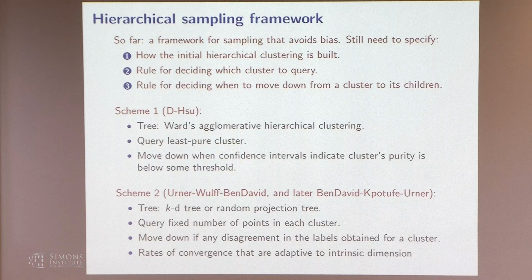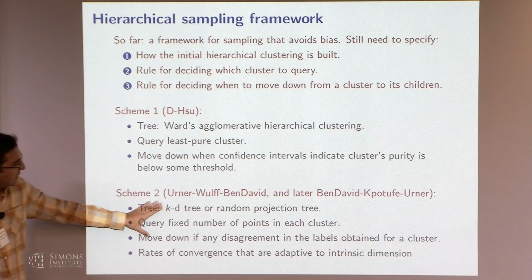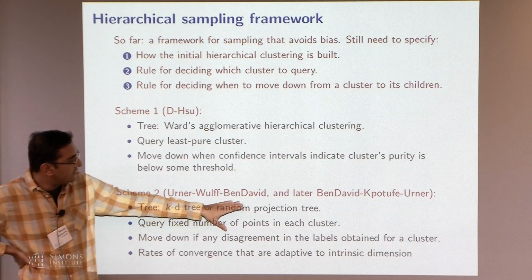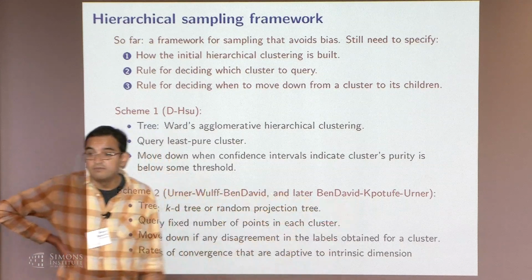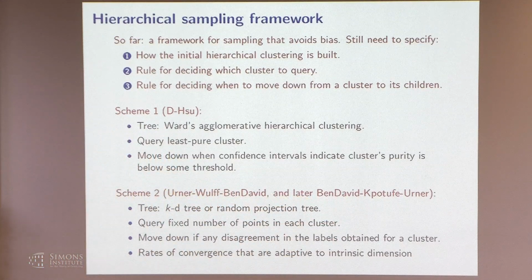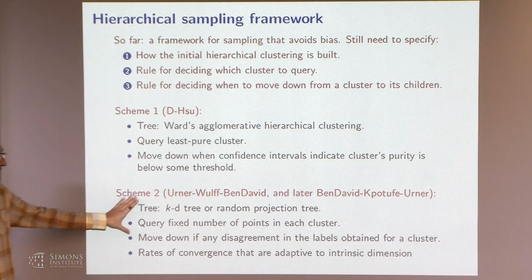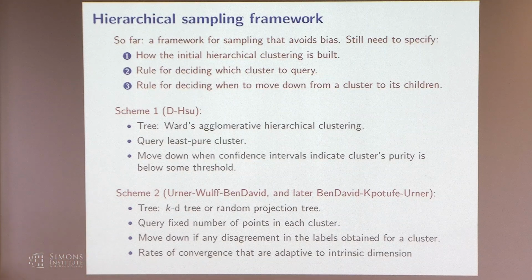Okay. Later work by Ruth Urner, Sharon Wulff, Shai Ben-David, and others was able to give nice generalization bounds for this. For example, one of the things they did was to not just use any old clustering algorithm, but to come up with a tree structure that is provably adapted to structure in the data.